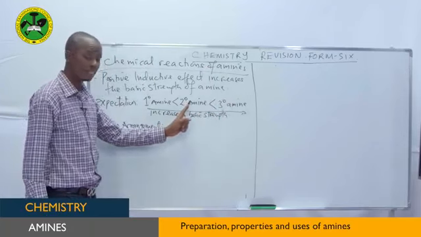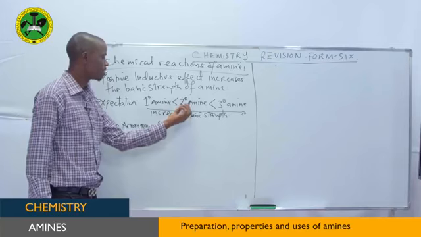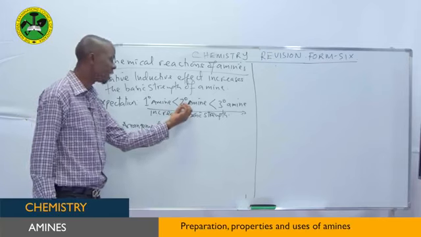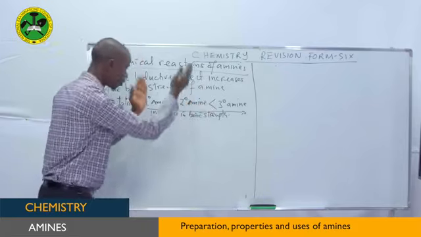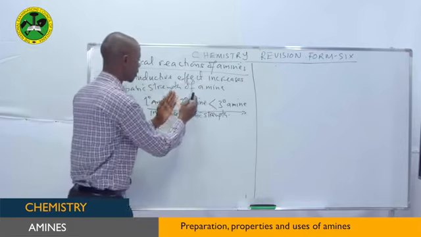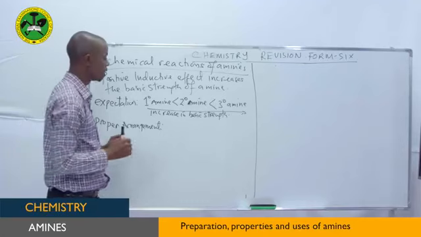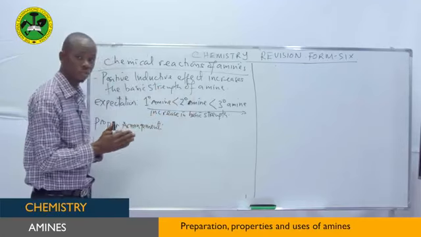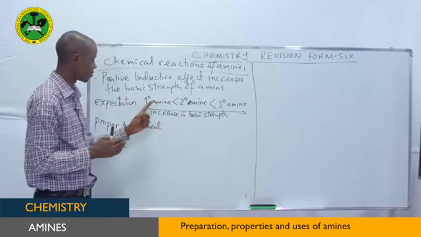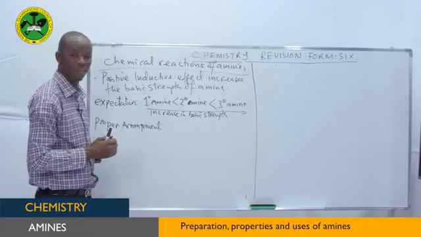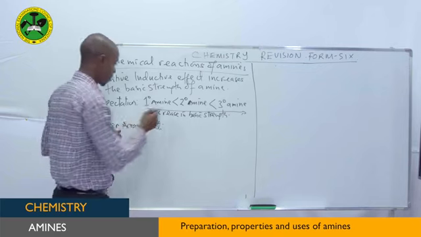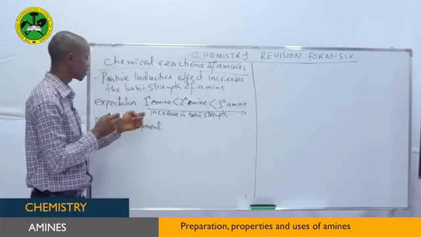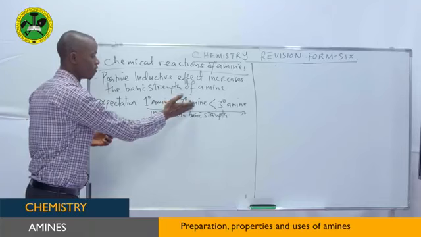Now, secondary amine, this one is the strongest base of all classes, because here there are 2 alkyl groups. That means it experiences stronger positive inductive effect as compared to primary amine. Therefore, this will be the strongest base. And this primary amine will follow.